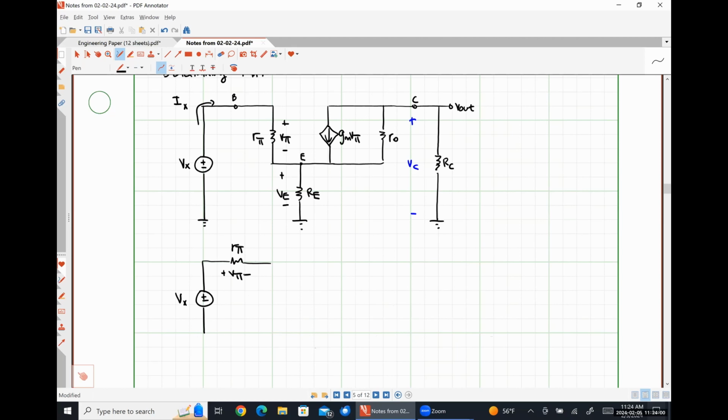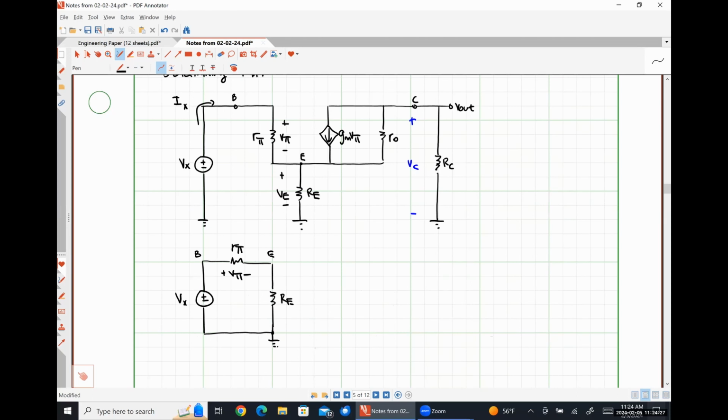And so effectively this node is my base. And now this node is my emitter. Okay. So between the emitter and ground, I put that resistance RE like so.